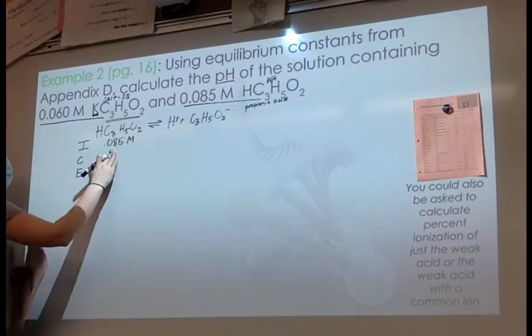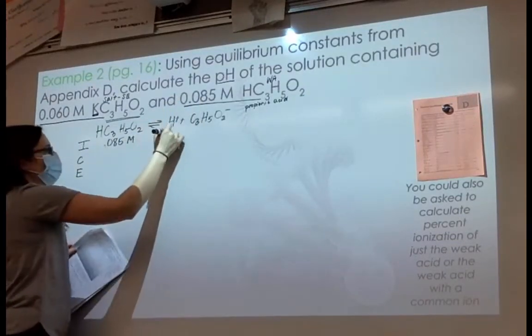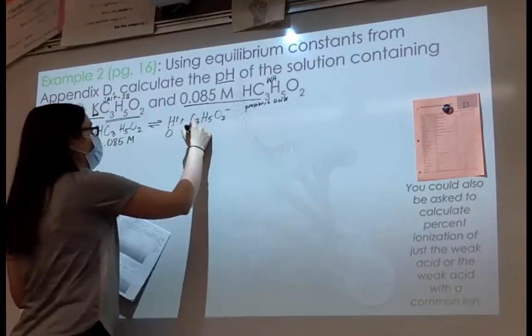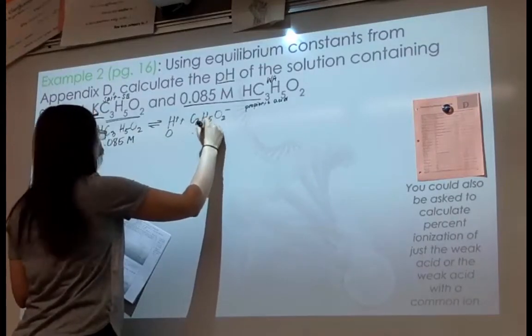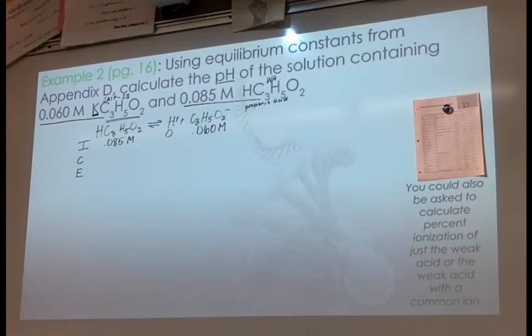So I have 0.085 molar of the acid initially, nothing regarding H+. However, I have 0.060 molar of the propionate ion initially.